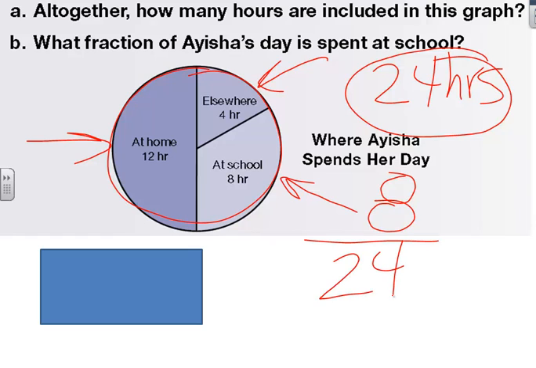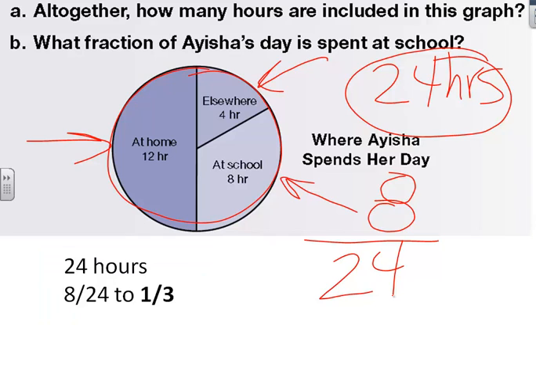Now, we can reduce that fraction, and it goes down to 1/3 of her day spent in school. Could we do that visually if we just went like this? Could we see that that's approximately 1/3? I think we probably could have. And we know that 24 divided by 8 is 3, which is also 1/3. So there's a couple of ways we could have solved that one.